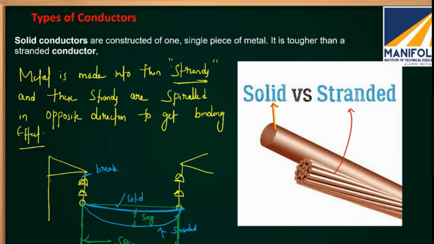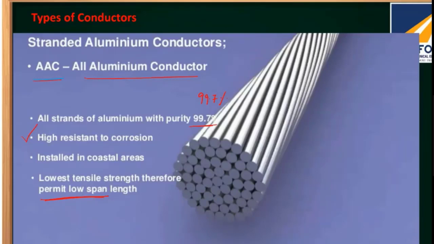This is called sag. Span is the length between the two towers. Since they do not have sufficient mechanical strength, they permit low span length. Okay, so what is the disadvantage here? Less mechanical strength. What is the advantage? Highly anti-corrosive.